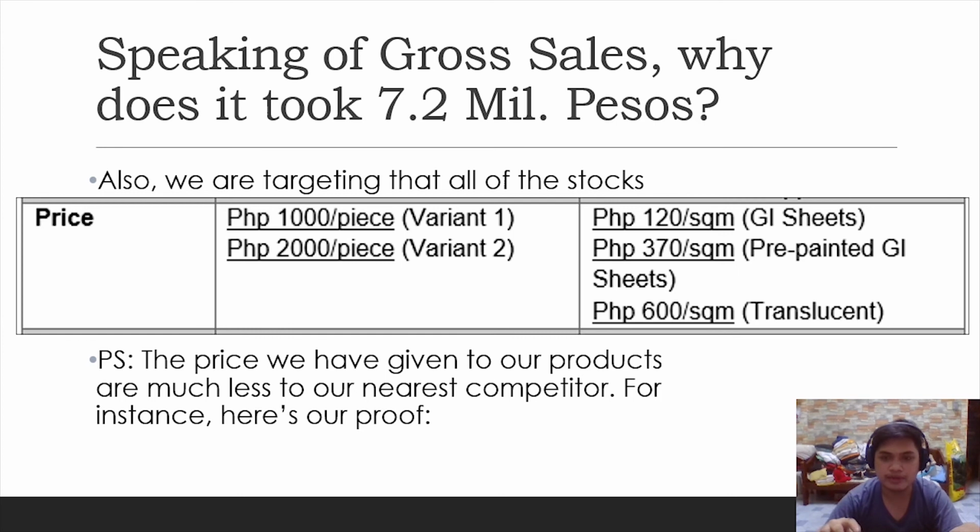Variant 2 is 2,000 per piece. For the nearest competitor, GI sheets are 120 per square meter; prepainted GI sheets, which look like variant 2, would be 370 per square meter; and translucent, which looks like variant 1, would be 600 pesos per square meter.